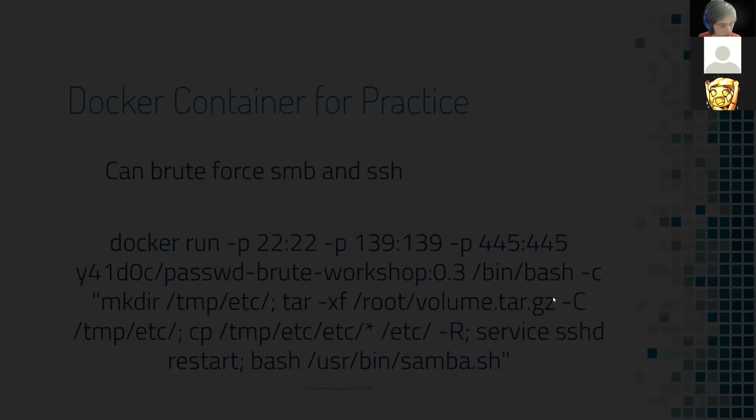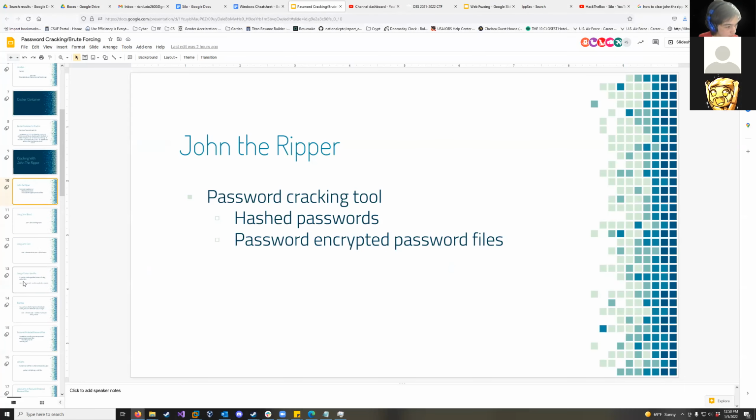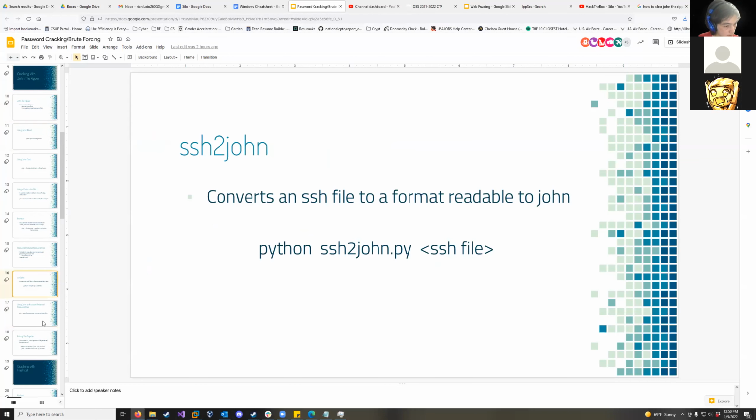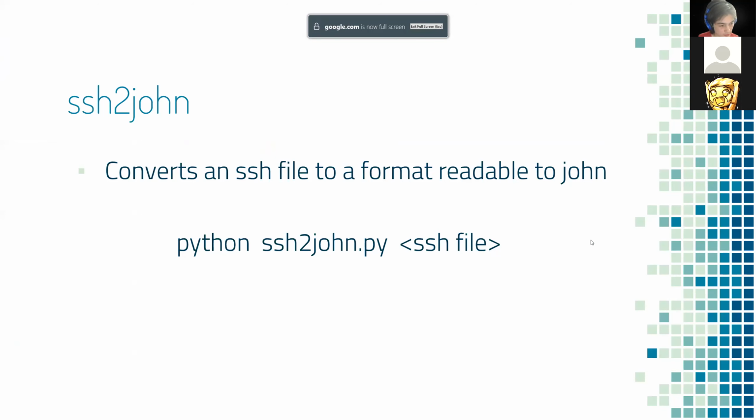All right, so I got through this. Let's skip ahead here. Yeah, so we just went over this. You can do python ssh2john.py and then the SSH file, id_rsa.